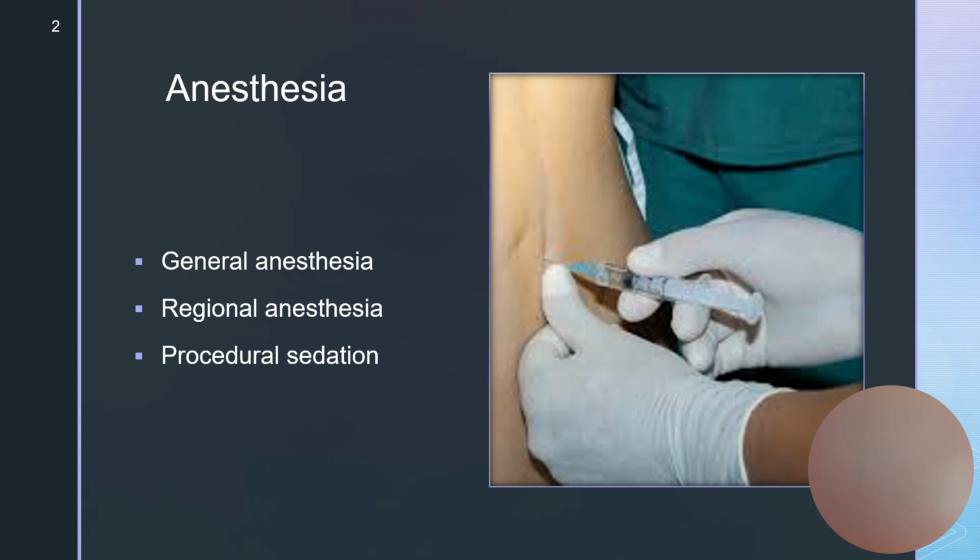Different types of anesthesia include general anesthesia. With this, the client has a total loss of sensation, reflexes, and consciousness. There are 4 stages of general anesthesia. We have induction, where the medication is administered with IV or inhalation and produces that unconsciousness.